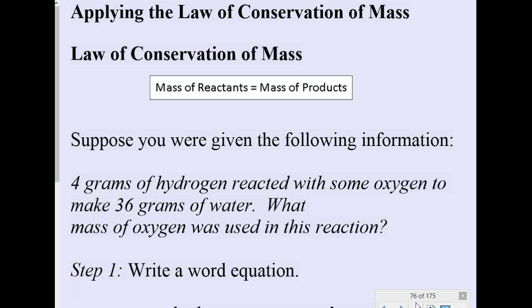What we're going to work on over the next couple of days is taking your skill of making a word equation that you learned today, and we are going to be using those word equations to solve for a missing mass of a substance. And we can do this because of the law of conservation of mass, which says matter cannot be created nor destroyed.